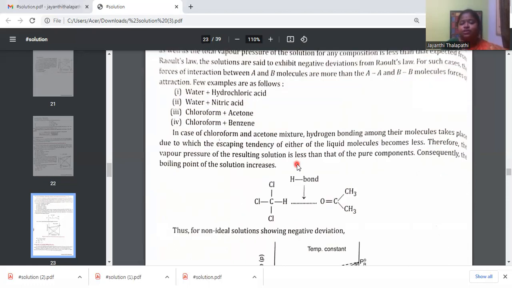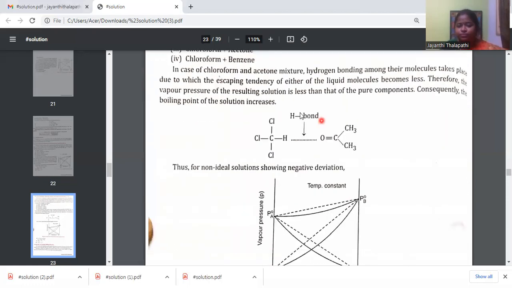Why? It is because of hydrogen bonding. We know hydrogen bonding is the strongest bond.